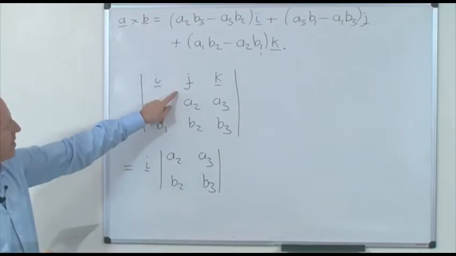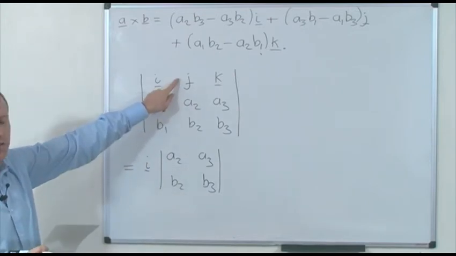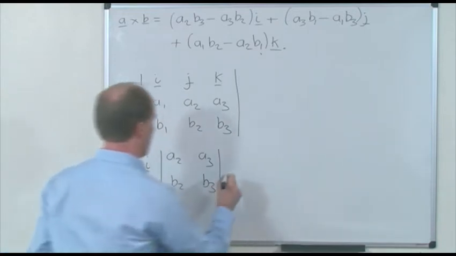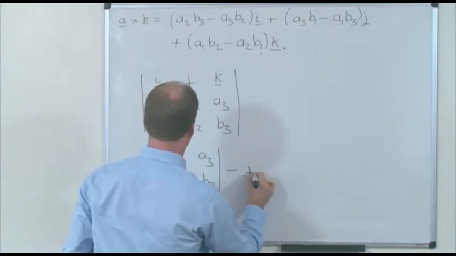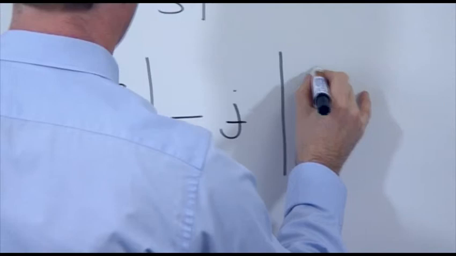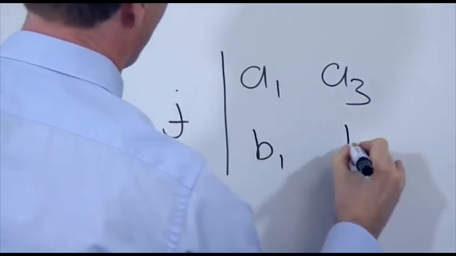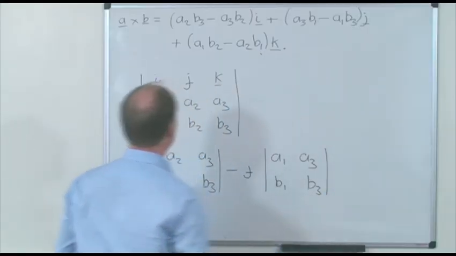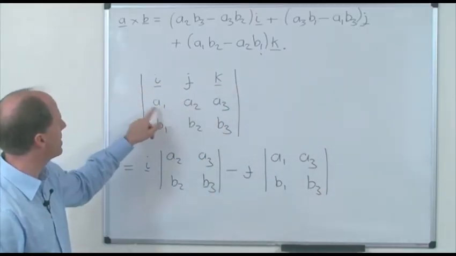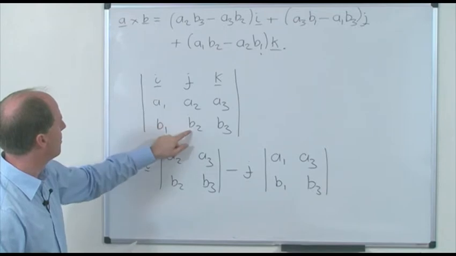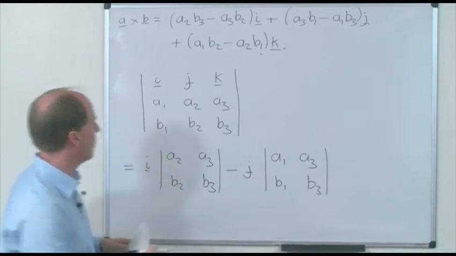When I come to the j term, I have to remember that, of course, there's a minus sign here. So I get minus j times the determinant a1, a3, b1, b3. And finally, I get plus k times this minor, a1, b2, and a2, b1.